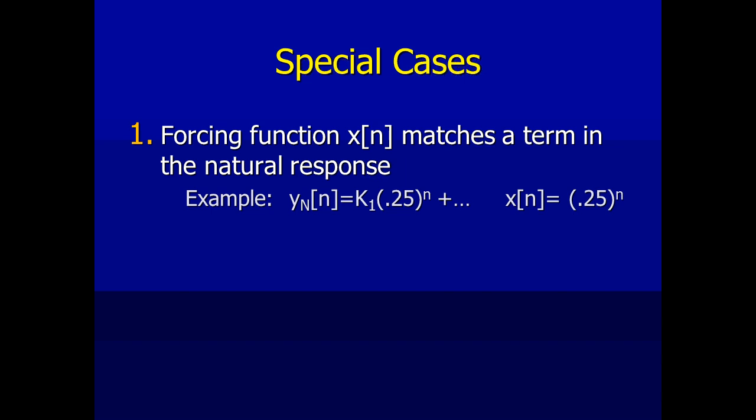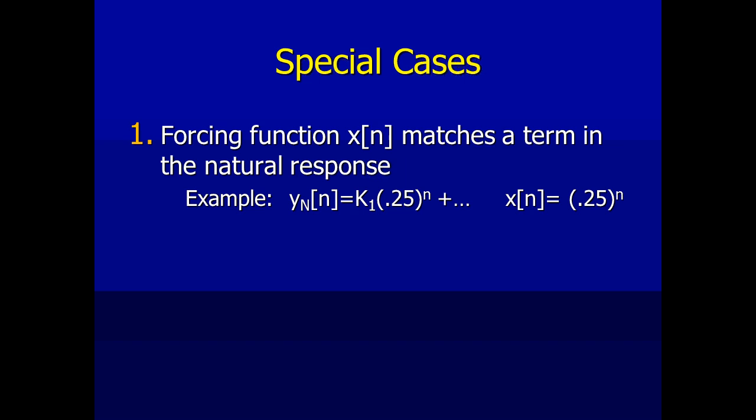All right. Well, for this method, there are two special cases that we have to handle, just like there were two special cases for solving differential equations, and it's the same special cases as it turns out. That's if your input, your forcing function x of n, has the same shape as one of the natural response terms.